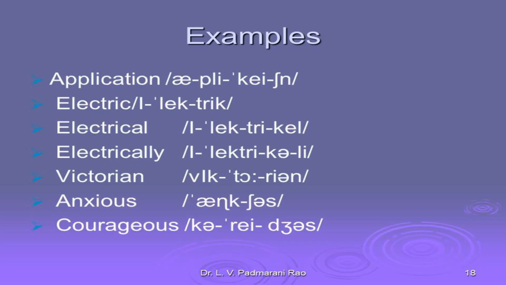The rule is also extended to the words ending with EOUS and IOUS. Let's look at some words. Anxious, IOUS. Fractious, industrious, injurious, laborious, rebellious, delirious. All these words end with IOUS and fit into the rules.